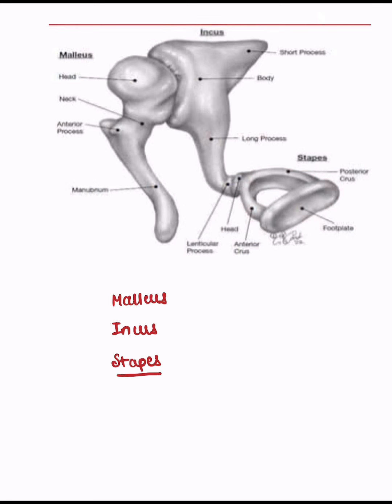The malleus and incus are derived from the first pharyngeal arch, and the stapes is derived from the second pharyngeal arch.